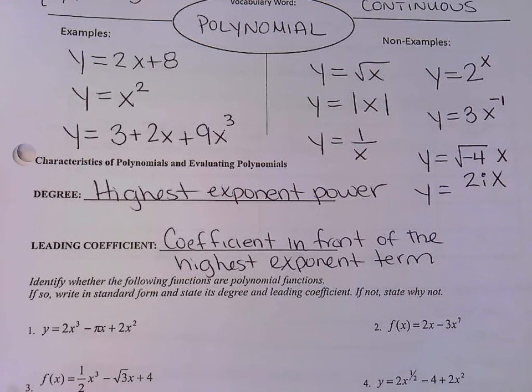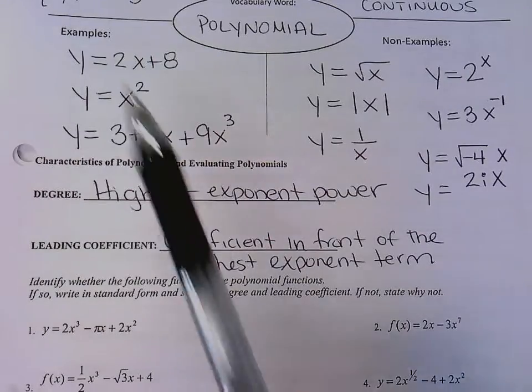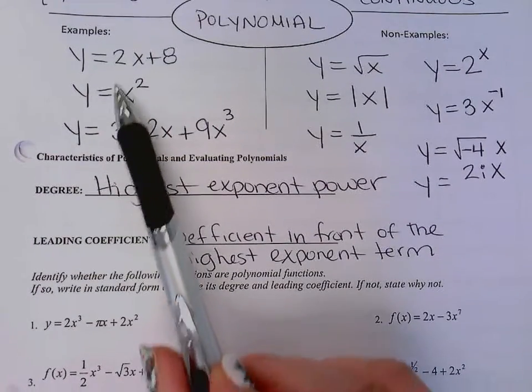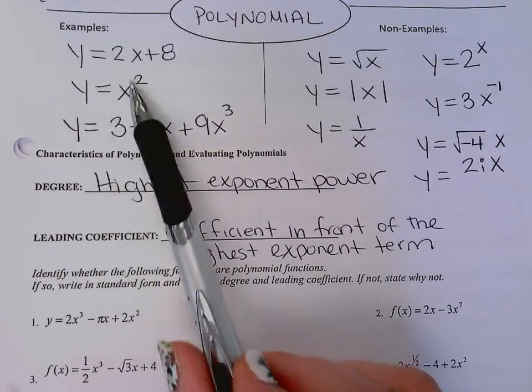In this one, the leading coefficient is 2 because 2x comes first, and that's already in standard form. What would be the leading coefficient of this second example where it just says x squared? What's the coefficient that's sitting in there? 1. So if there's no coefficient written, like in that example, the leading coefficient would be positive 1, and the degree would be 2.